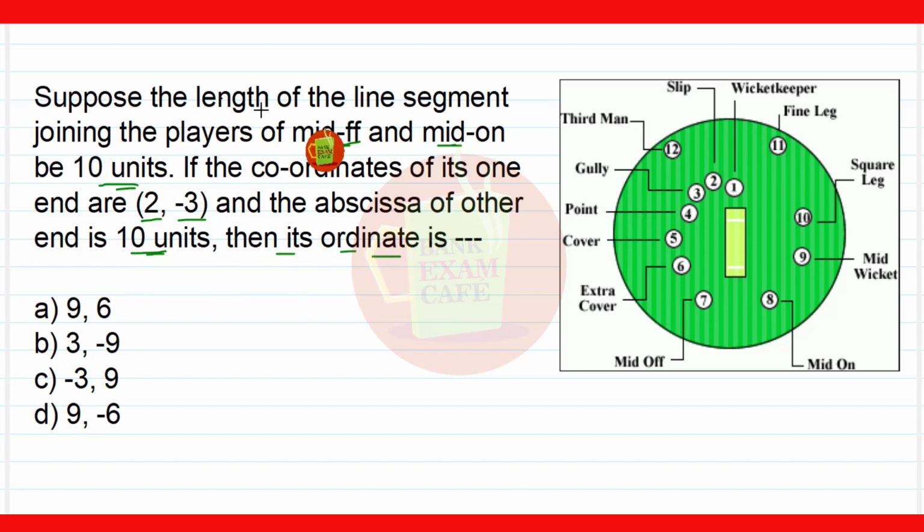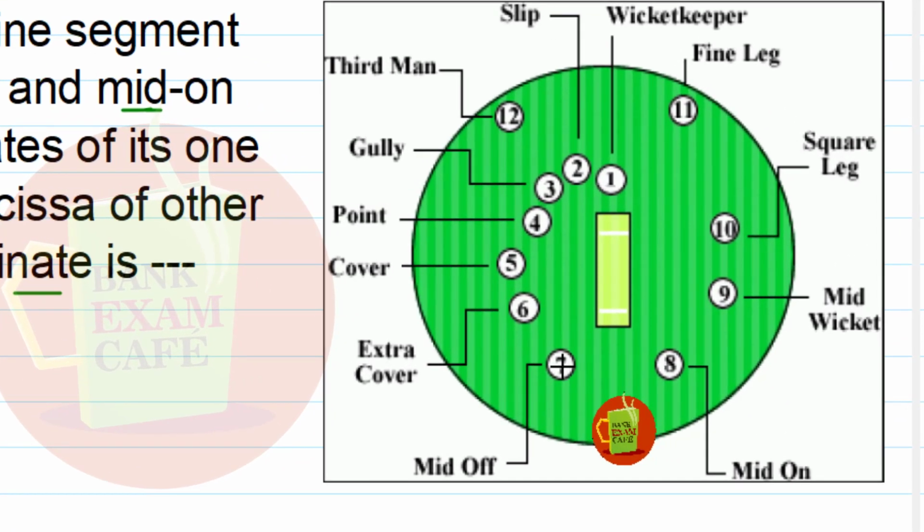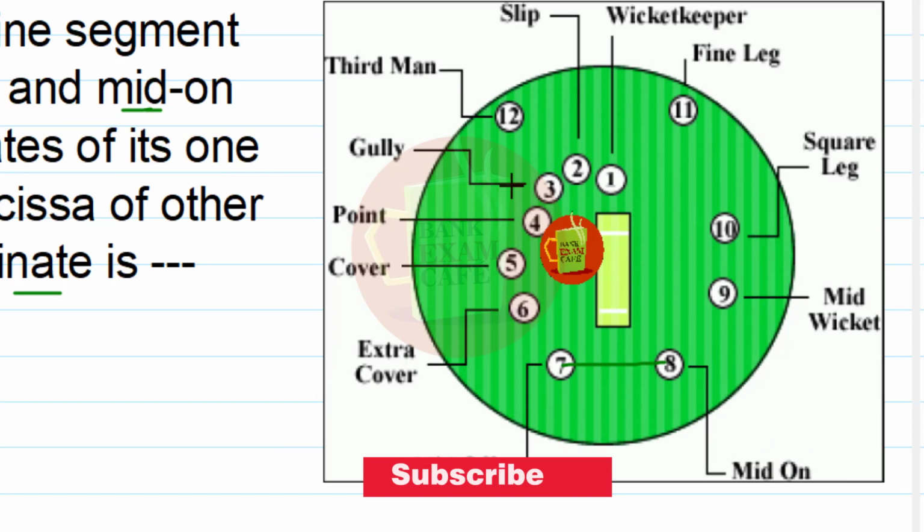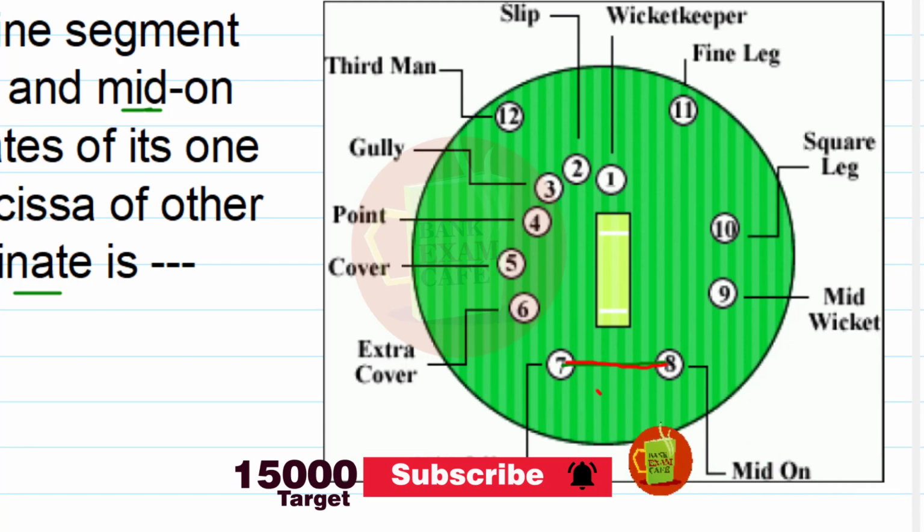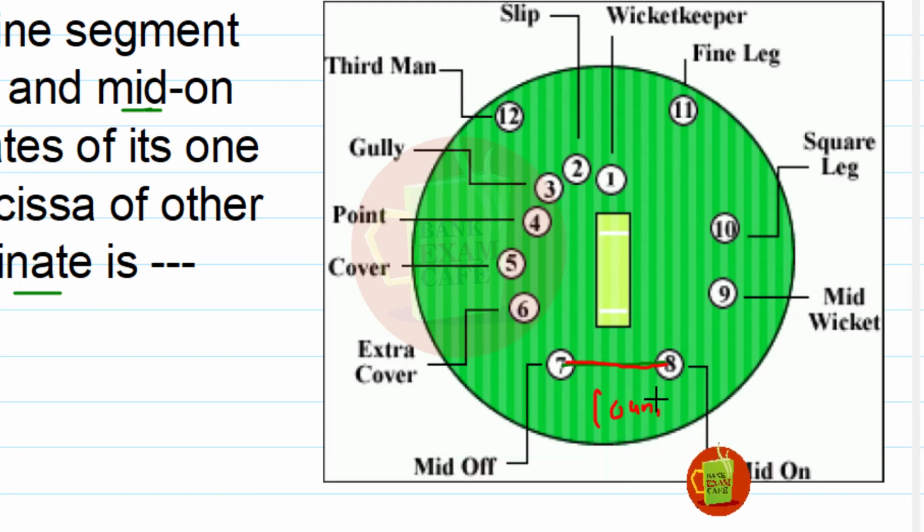Now here friends, it is given that the length of the line segment joining the players at mid-off and mid-on is 10 units. So this is mid off and this is mid on, and the line segment joining these 2 points is 10 units.